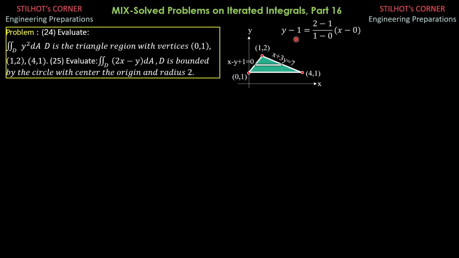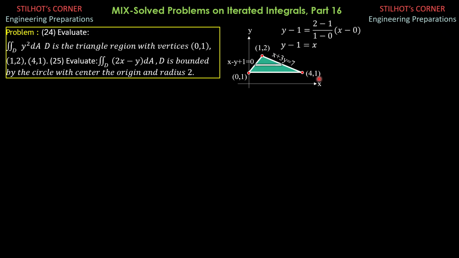So y minus 1 equals x. So that means if we simplify this, x minus y plus 1 equals 0. So that's correct.